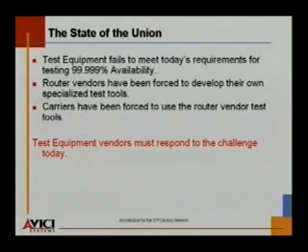As a result of this, router vendors such as Avici have been forced to develop our own internal tools. And what that means is the network providers, when they're doing certification testing, have to use vendor-developed tools or even develop their own. That, of course, is not the business we want to get into. It's important that test equipment vendors provide the test equipment features that we need today so we can get out of the internal test development programs.